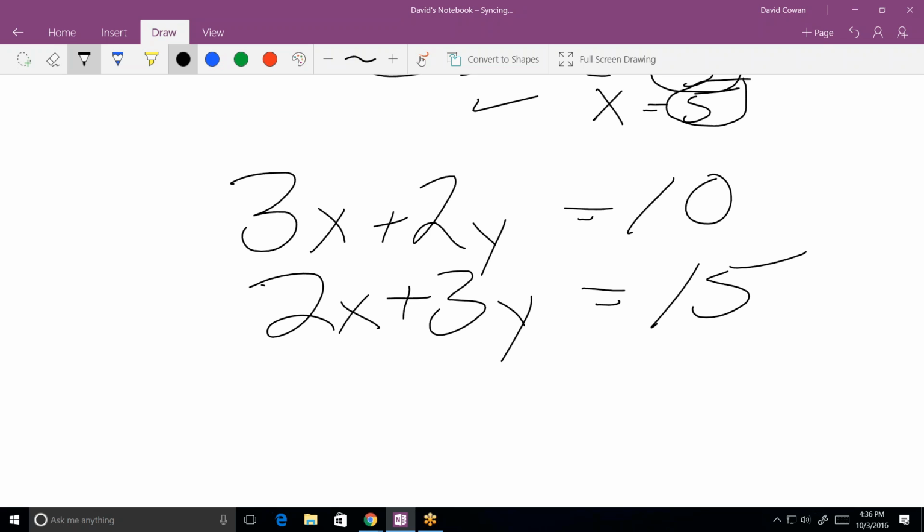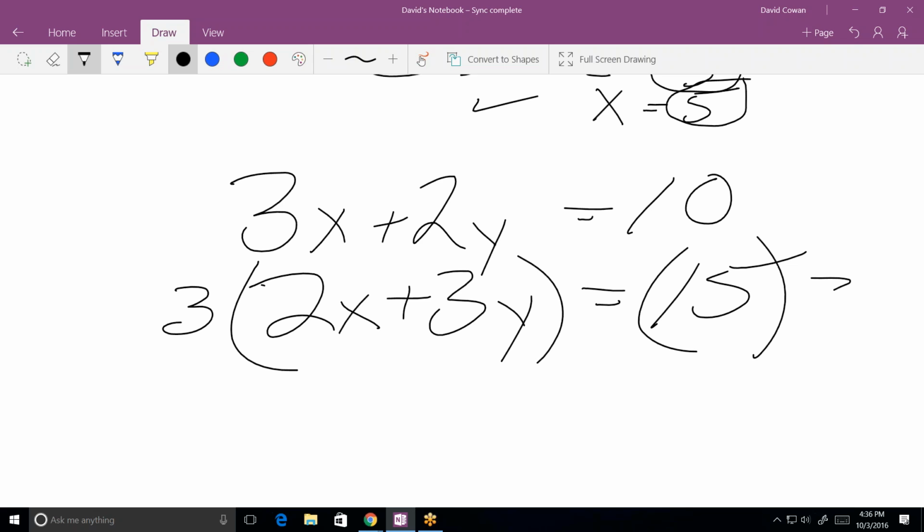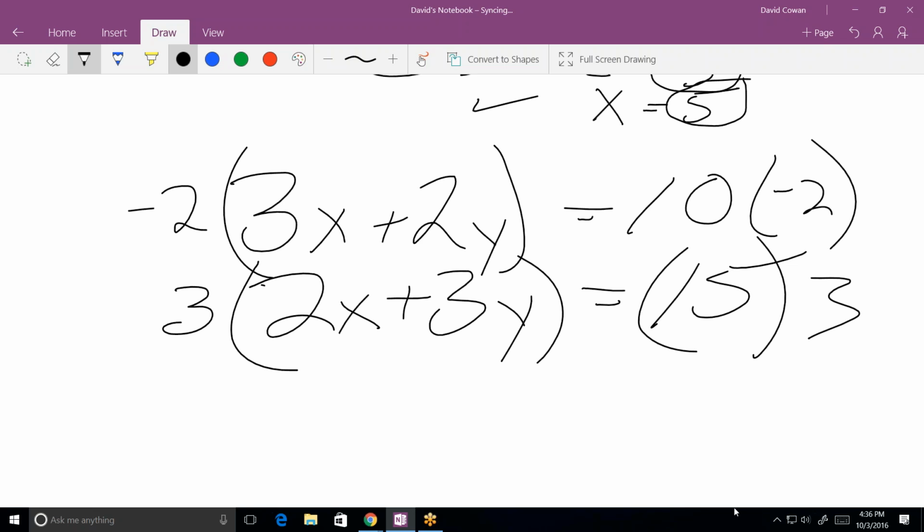I have to do some multiplying. The easiest way to do this is to multiply the bottom by 3, both sides. Always remember you've got to do both sides. And the top, in this case I would multiply by -2, such that I'm going to be able to add.